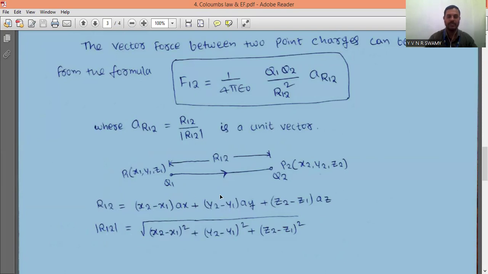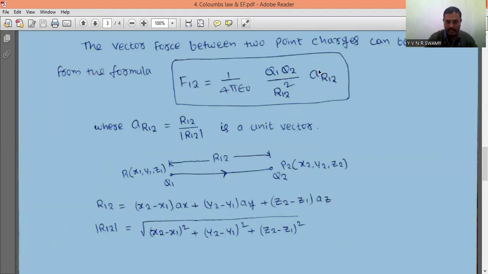Okay, so now finally F12 = 1/(4πε0) × Q1Q2/R12² × a_R12. You can write this formula one more way also: F12 = 1/(4πε0) × Q1Q2 R12/|R12|³, because a_R12 = R12/|R12|.